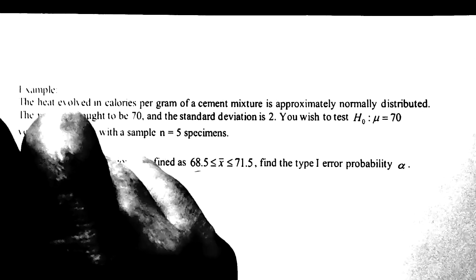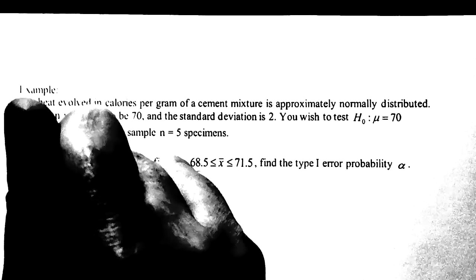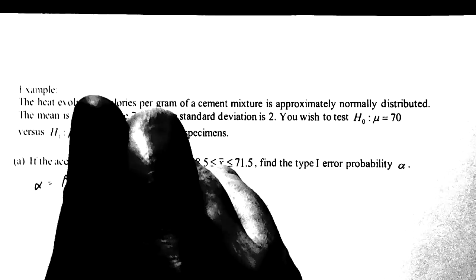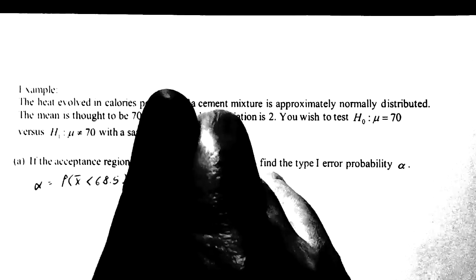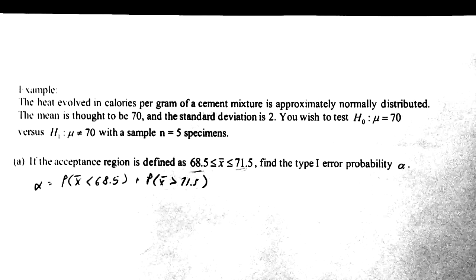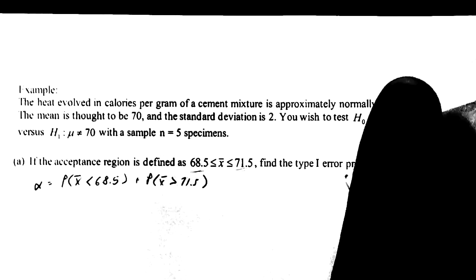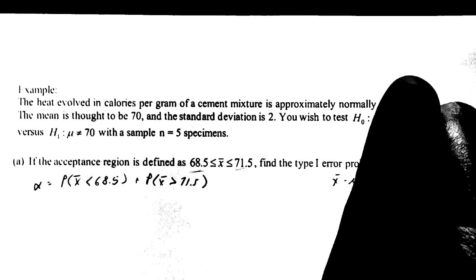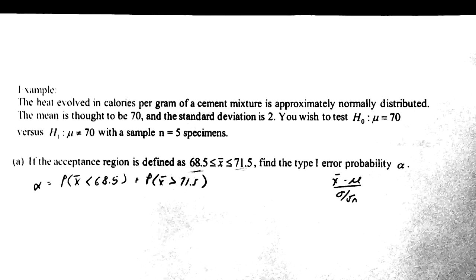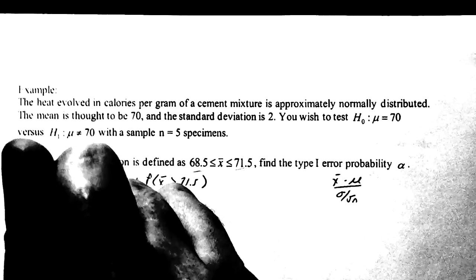And so our alpha is going to be equal to the probability that there's an X bar lower than 68.5 plus the probability that there's an X bar greater than 71.5. We calculate those again using the Z statistic, X bar minus mu over sigma divided by the square root of n.